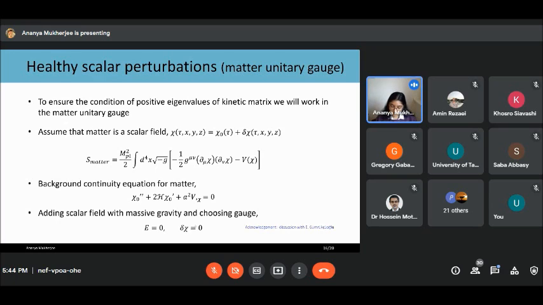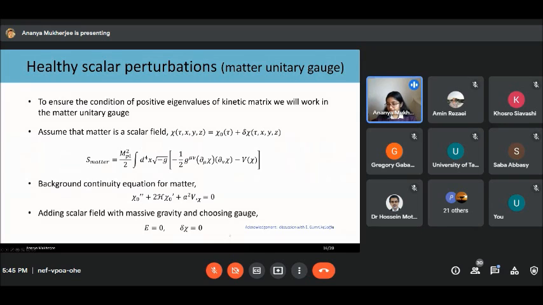This is our ongoing analysis, and we are trying to check whether the perturbations we have considered are healthy or not. So for this analysis, we have particularly focused on matter as a scalar field given by chi. So the matter Lagrangian is given this way, and the background continuity equation we have obtained, and the gauge freedom we have chosen to be E equal to 0, and the perturbation for the matter field equal to 0.